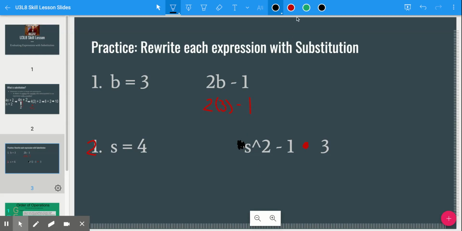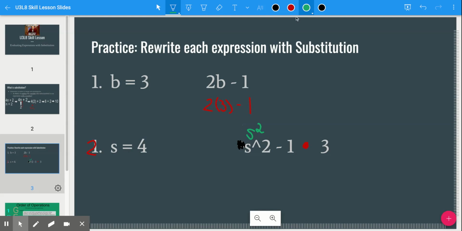All right, so right here, S, remember when you see the caret, sometimes if you aren't able to use the exponent feature, like in PowerPoint, you'll see the caret. That means S squared plus 2. I'm going to make sure I rewrite this just so we remember that the caret also means it is raised to a power. S squared minus 1 times 3.